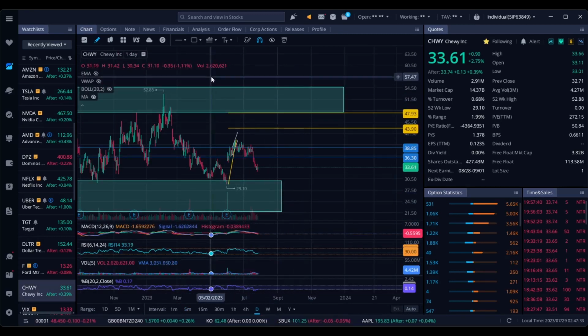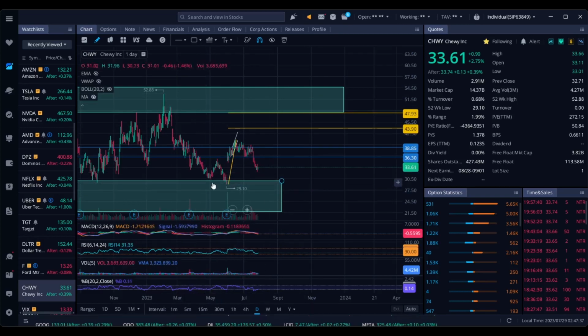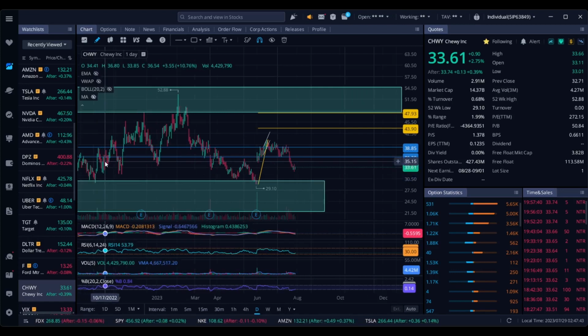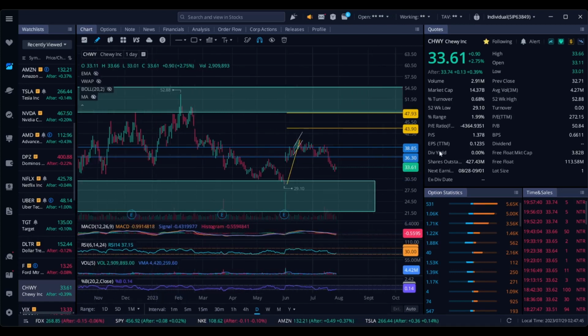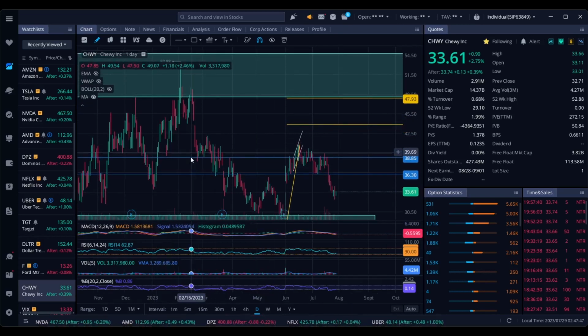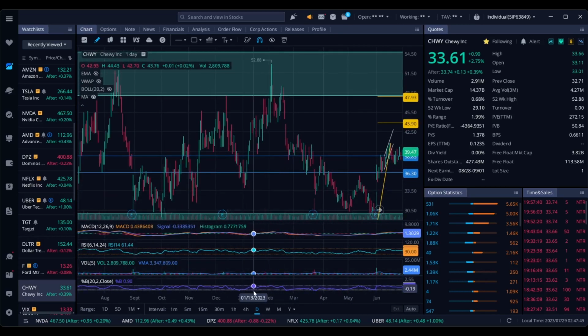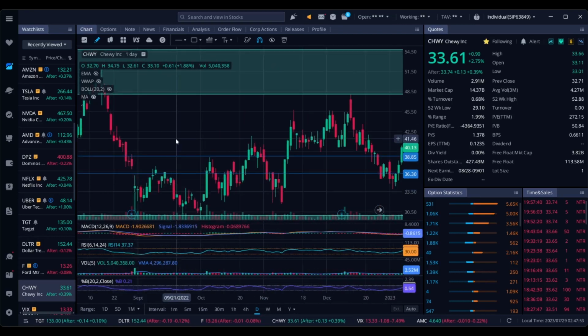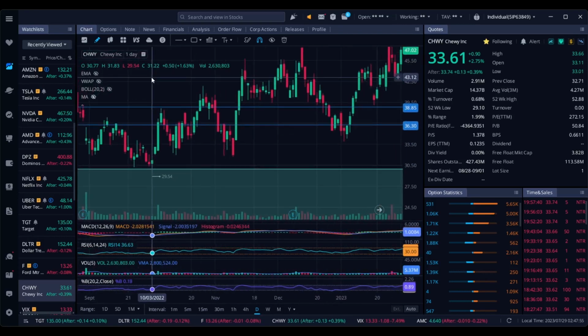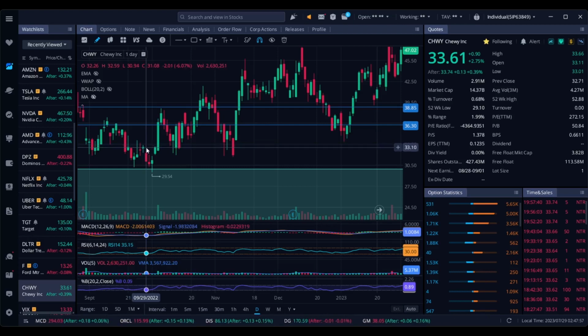Oh yeah, here we go. Support. Let me show you the support and resistance. Okay, so this right here is clearly going to be support. Let me zoom in for you. Remember, this is the daily chart, so each candlestick represents one day. So price came down here on this day.